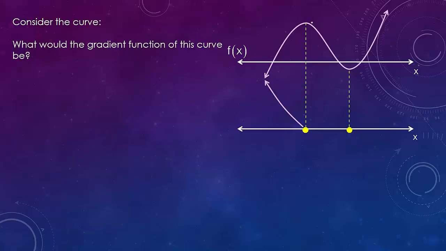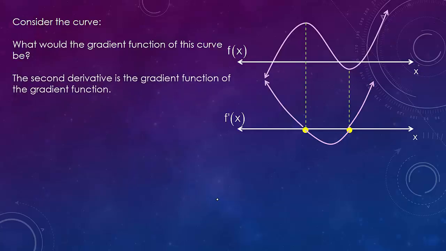Now if we consider this section between the two turning points, along this section here, the gradient is negative, which means the gradient function must be below the axis. And then here the gradient's positive again. So the gradient function should look something like this. So that's the gradient function, f dashed of x, that we're plotting there.